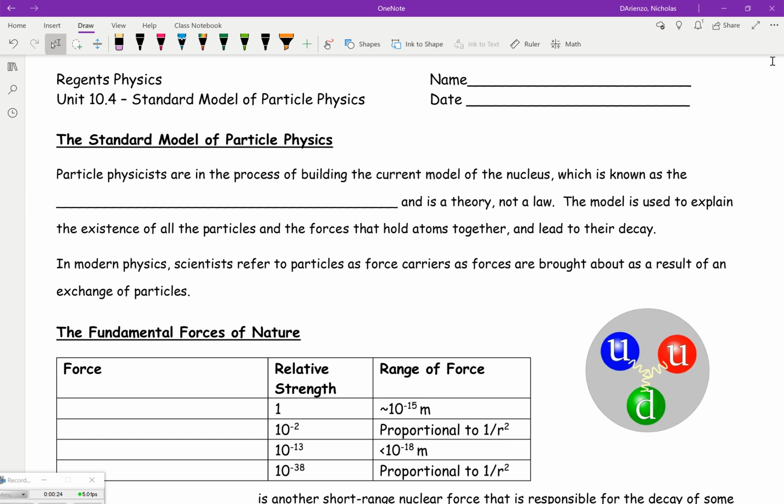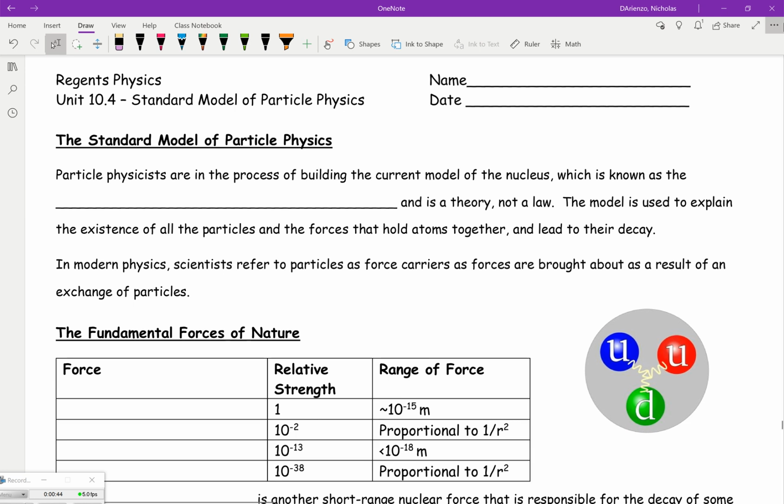And the standard model of particle physics, like a lot of other things in science, is a theory and is not quite a law yet. Laws generally are proven by many different types of experimentation, whereas theories do not have that evidence available to call it a law.